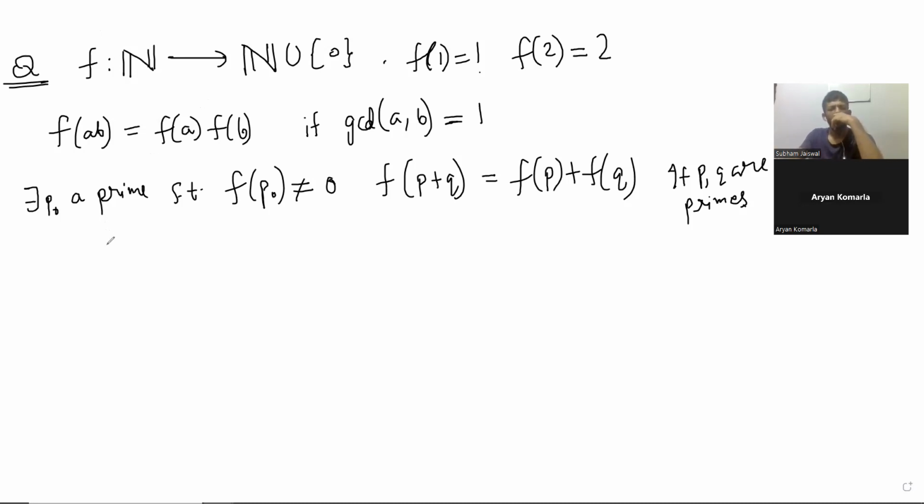To show that f of 3 is 3, I need f of 4 equal to 4, then I need f of 12 and all of that. And then from that, many follow. So for now, we have f of 1 is 1, f of 2 is 2, f of 3 is 3, f of 4 is 4. The same way it works for 5, 6, 7, 8, 9, 10, 11.